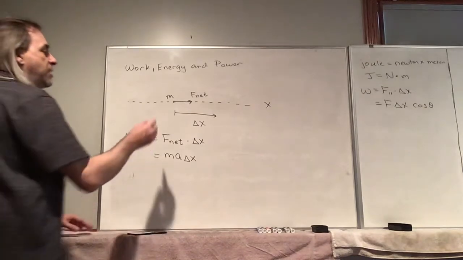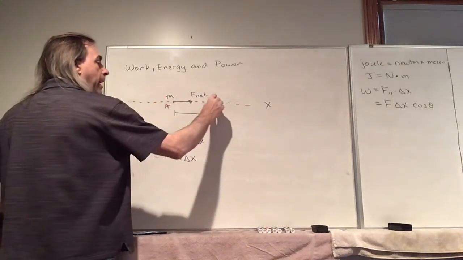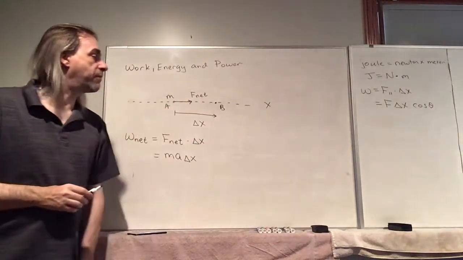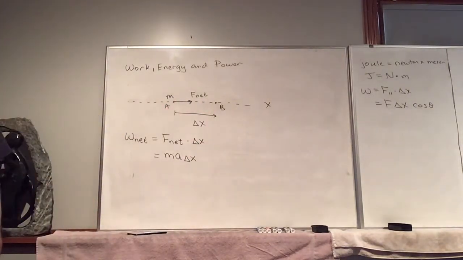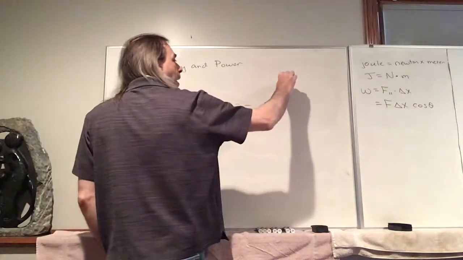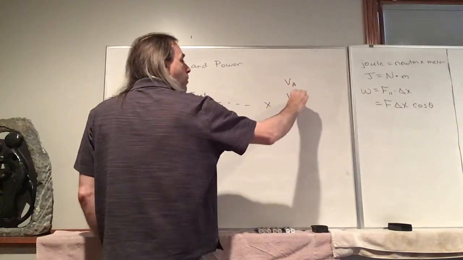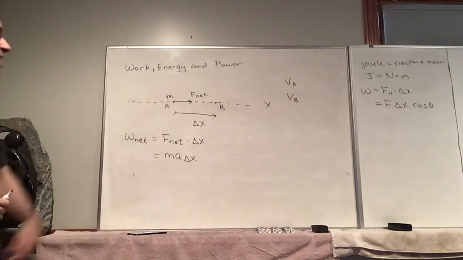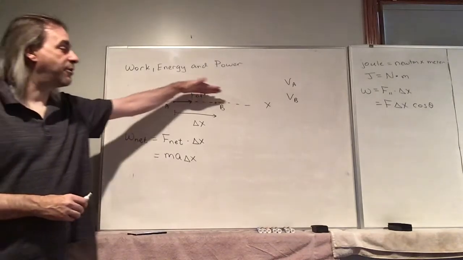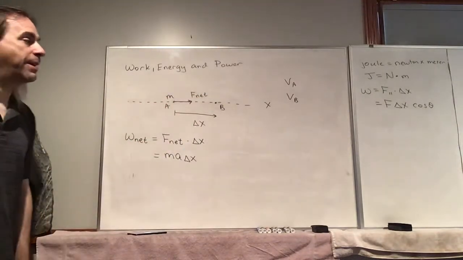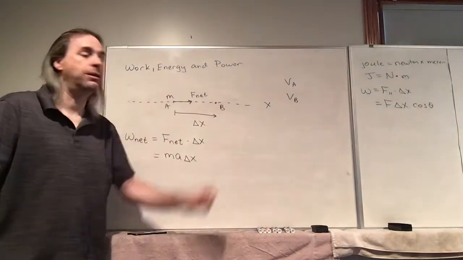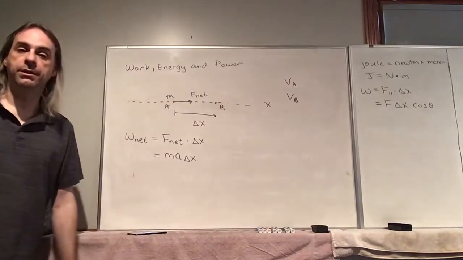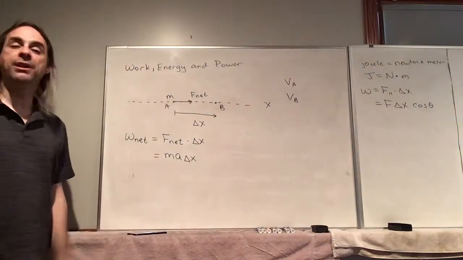Let's say our displacement is going to take us from point A to point B. We started with a speed VA, and we're going to end up with a speed VB. In this case, if the force is in the direction of displacement, VB is going to be greater than VA. We're accelerating and speeding up.